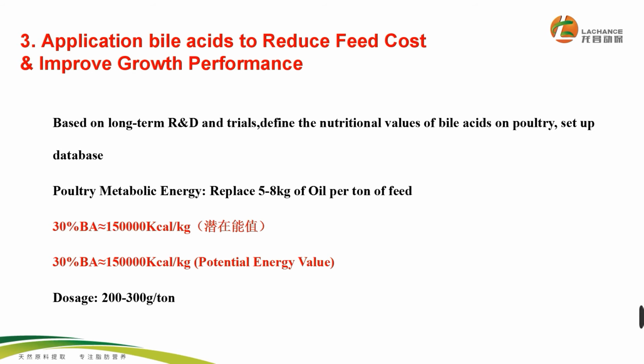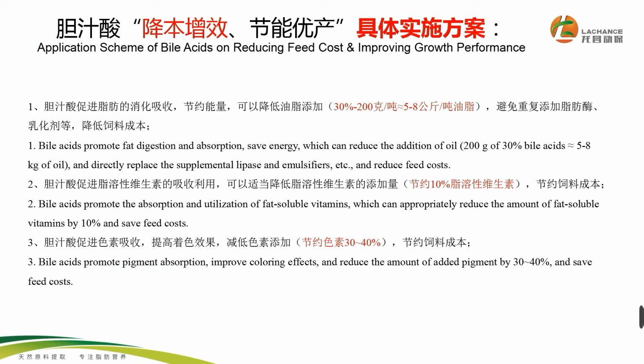The dosage for adding in the feed is 200 gram to 300 gram per ton feed. Then I will show you application schema of bile acids on reduce feed cost and improve the cost performance.